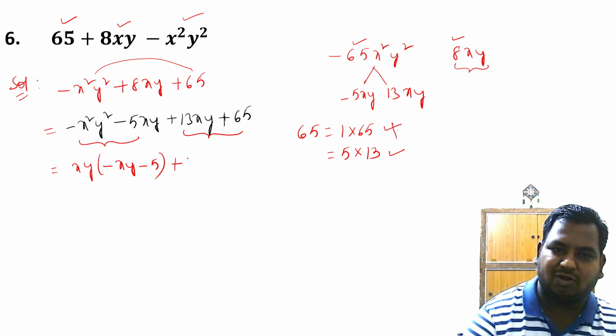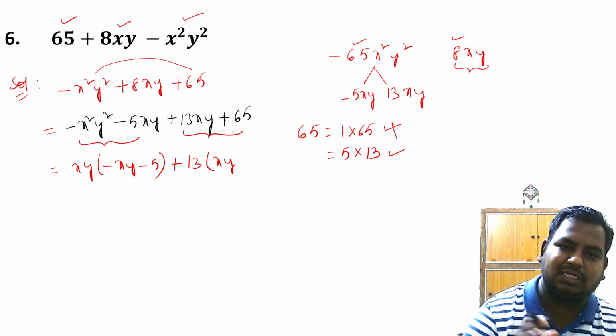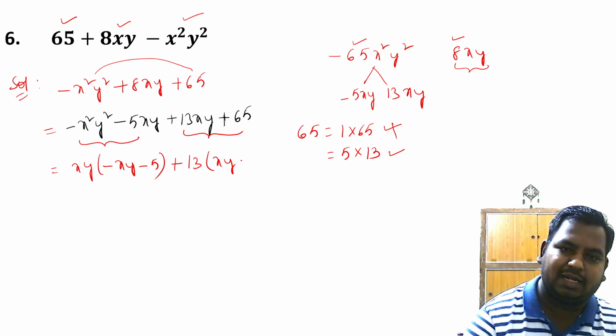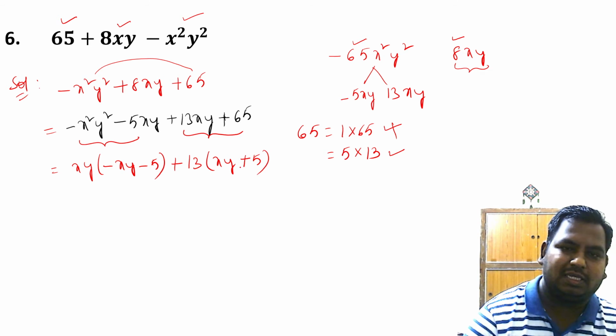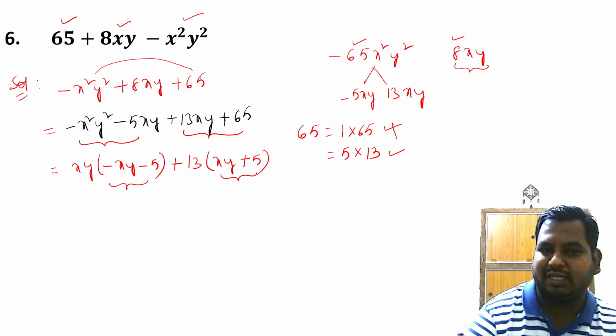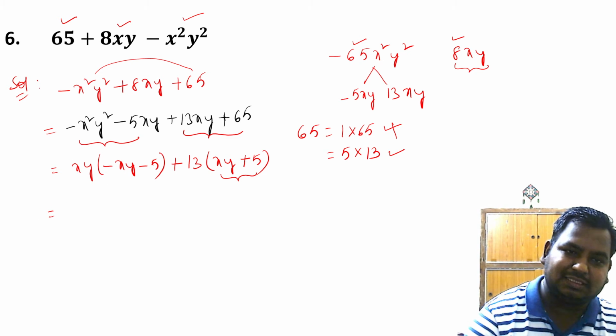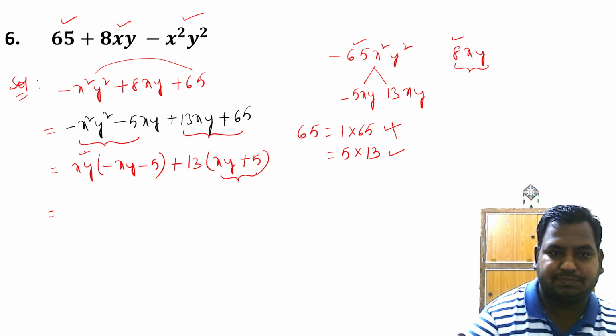From this, I can take 13 common. 13 into what is 13xy? It's xy. 13 into what is 65? It's plus 5. Here I have xy plus 5. Here we have minus xy minus 5. So the problem is with the minus sign. This can be solved if I write this xy as minus xy.